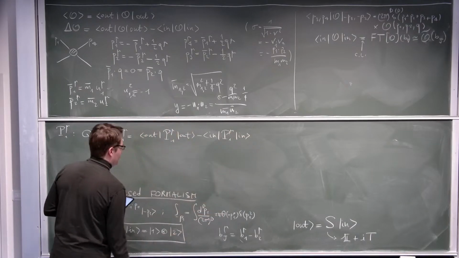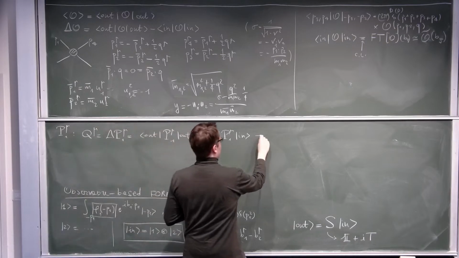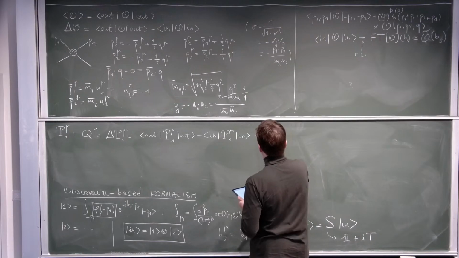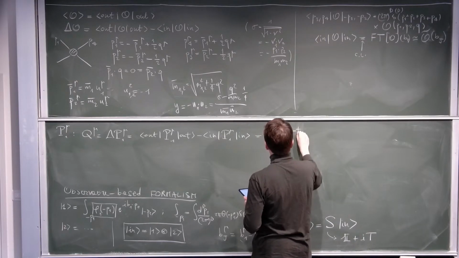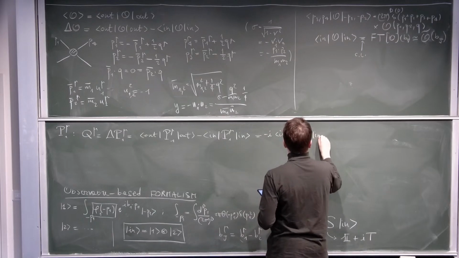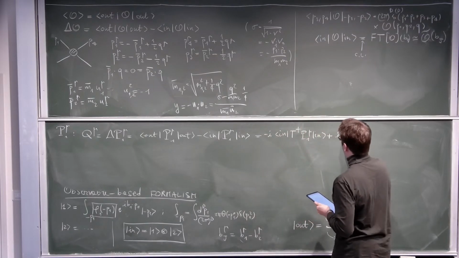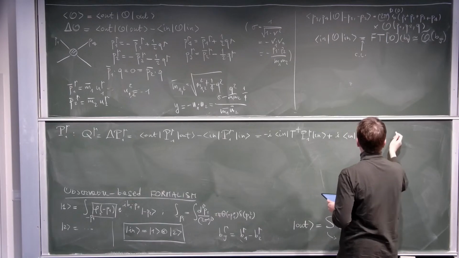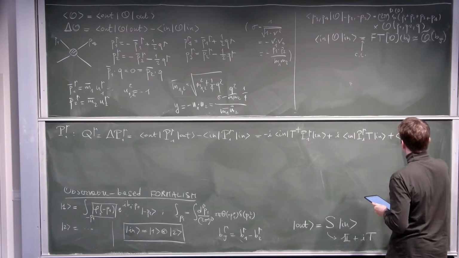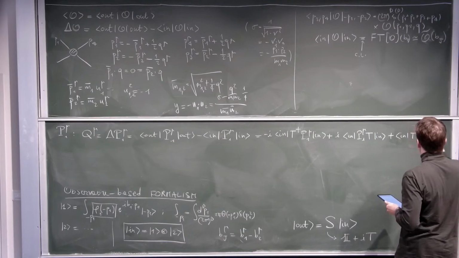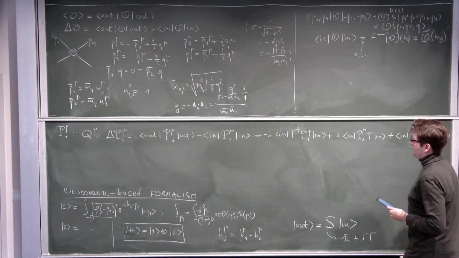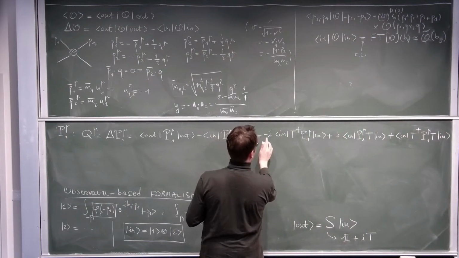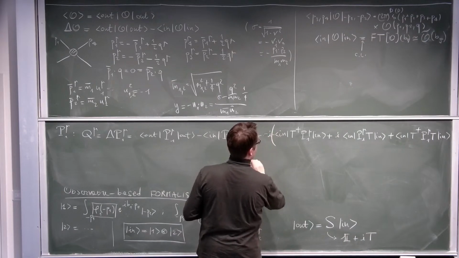So using S equal to 1 plus iT, of course. Continue here. There will be an in-in term that cancels out. Then there is a minus i in T dagger P1, plus i in P1 T, and then plus in T dagger P1 T. So in fact, maybe let me try to do something potentially dangerous: pull out this i.